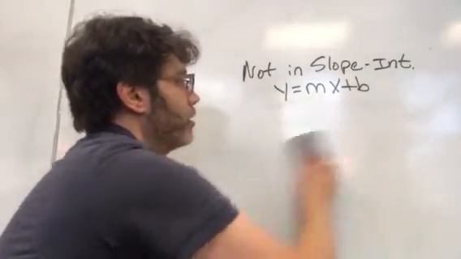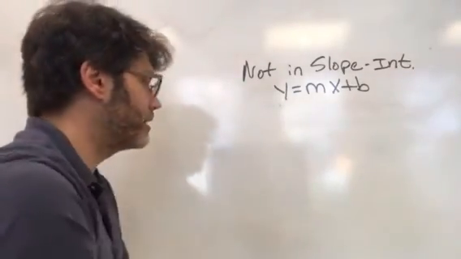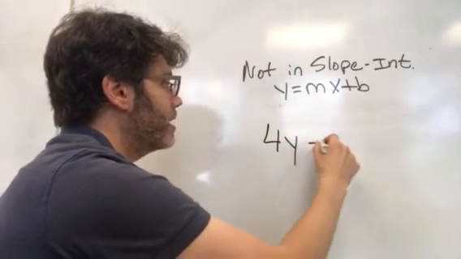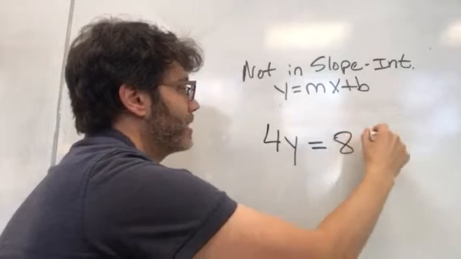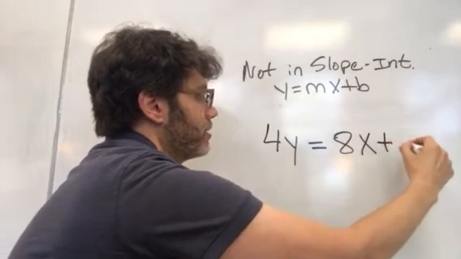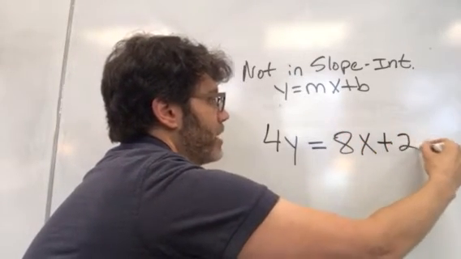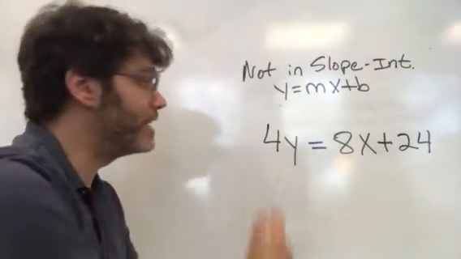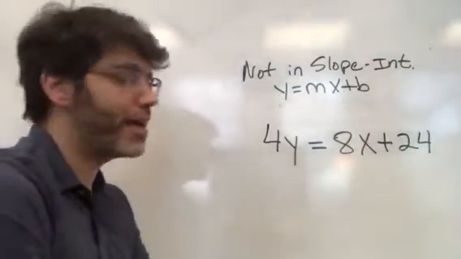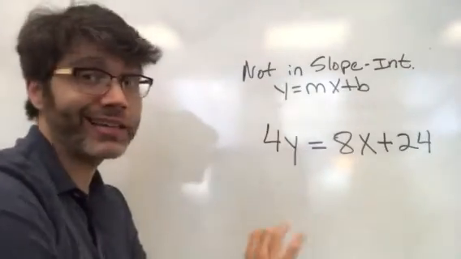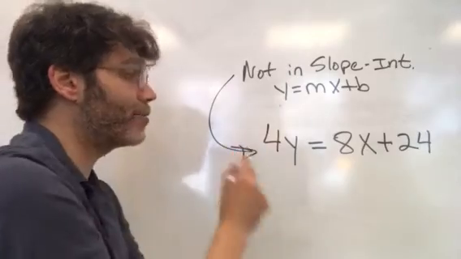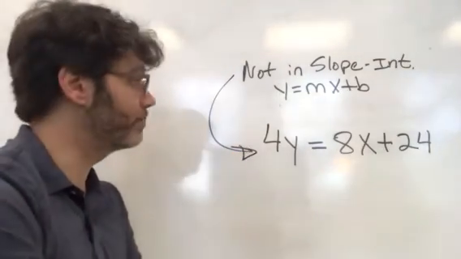Let's do one more manipulation. Let's say that we have 4y equals 8x plus, let's say, 24, okay? How are we going to manipulate this so that this equation, which is not in slope-intercept form, gets into slope-intercept form?